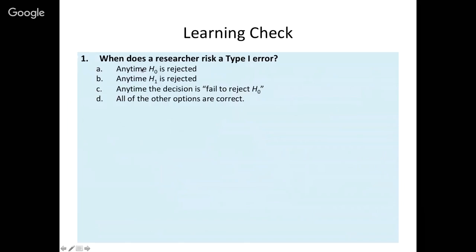So the correct choice is A. Anytime we reject the null hypothesis, we risk a type 1 error. And in the hypothesis testing approach, we never reject H1, we just consider H0.